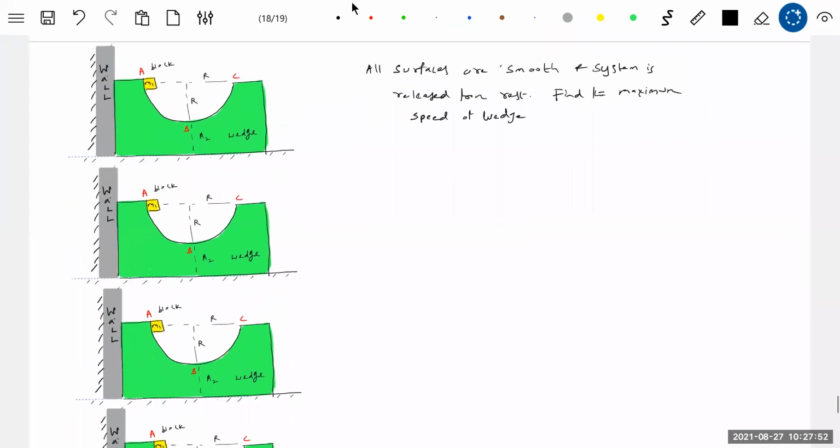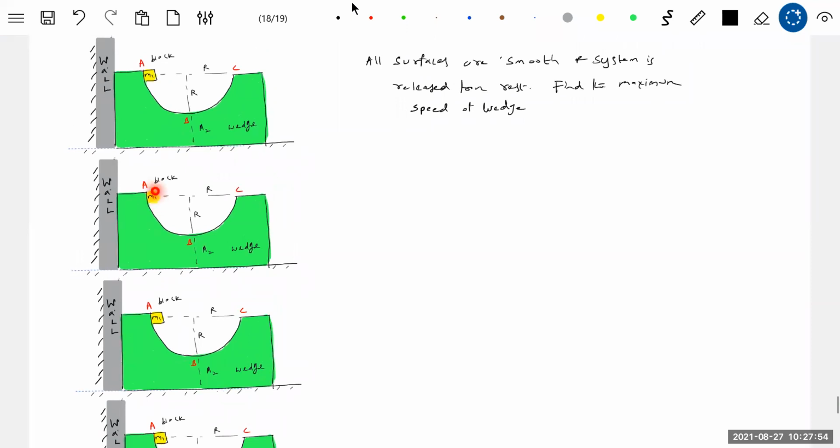So then what will happen? The block will land at the lowest point. It will come here. The wedge actually wanted to move, but the wall will not permit. So it will acquire a velocity u.